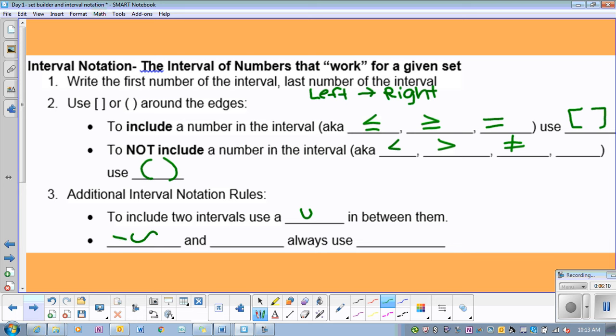Negative infinity and infinity, anytime you have those, they always use parentheses and never brackets. All right, questions so far? Okay. I know this all sounds really weird though, right?